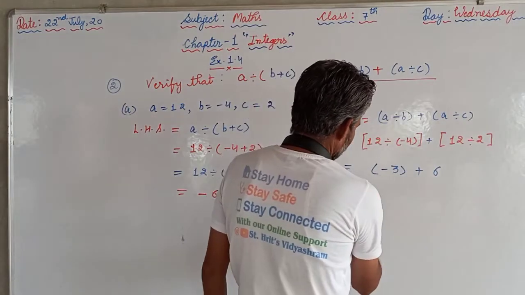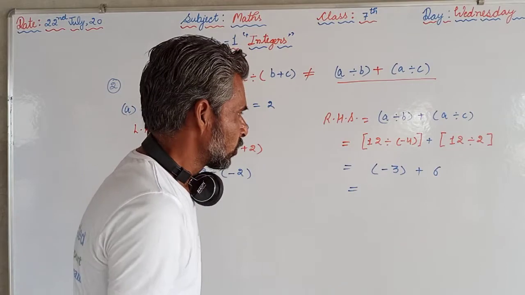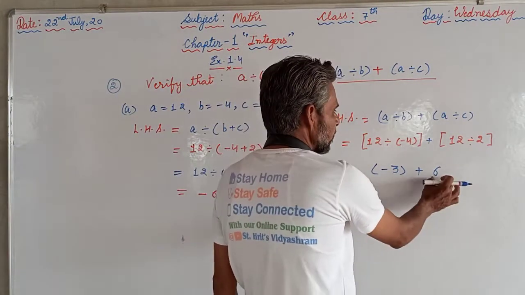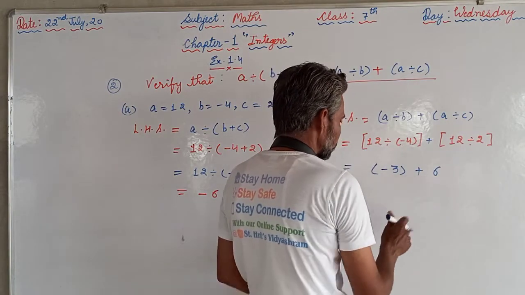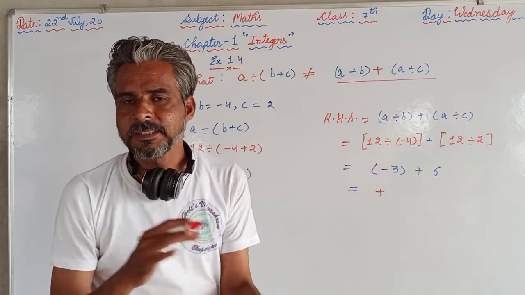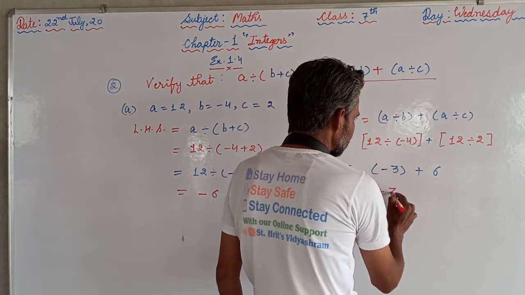Here again we have two numbers, one negative and one positive. First we decide the sign of the answer. 6 is the larger number in magnitude and its sign is plus, so the answer will be plus. As the numbers have different signs, we subtract: 6 minus 3 is 3.